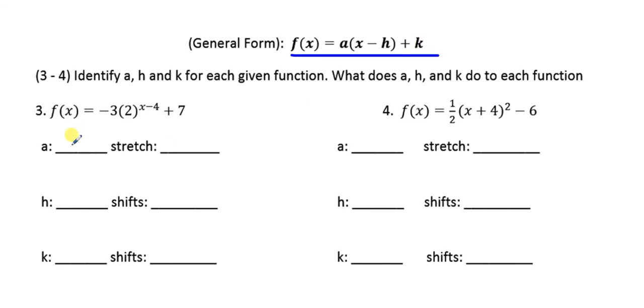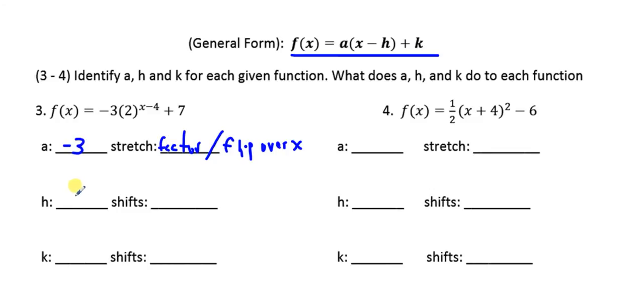So in this first equation, a is equal to negative 3. That's going to stretch it by a factor of 3, and it's going to flip over the x because it's negative.